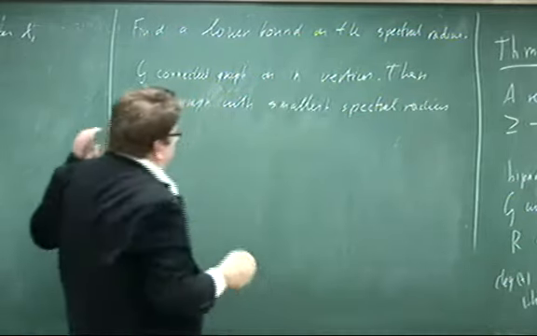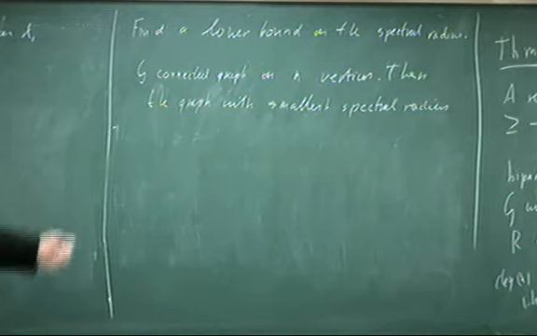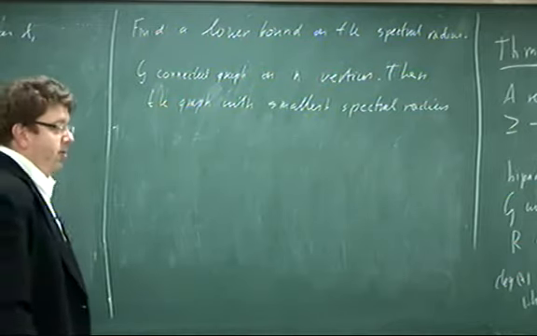If you look at all the connected graphs on n vertices, what is the smallest? If you look at all these graphs, which one has the smallest spectral radius?